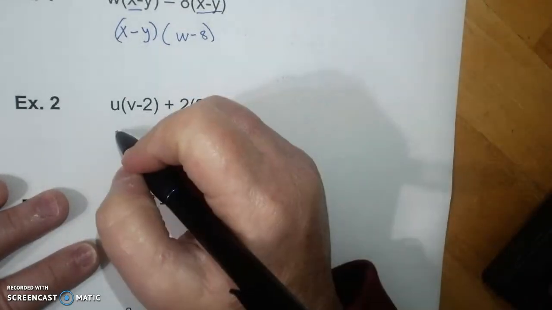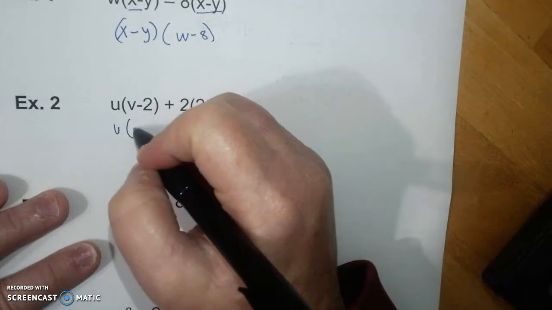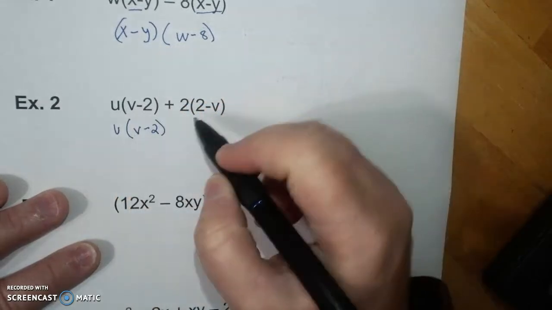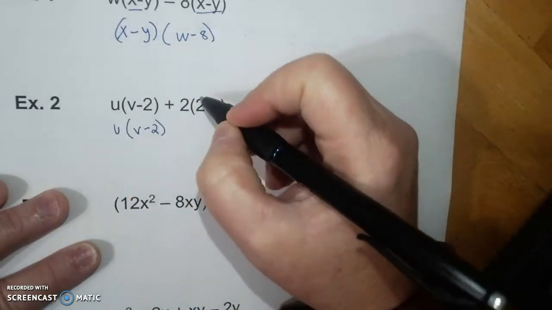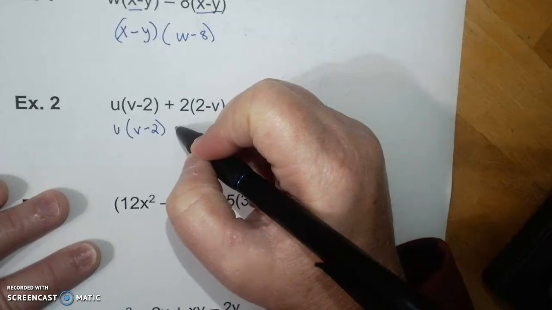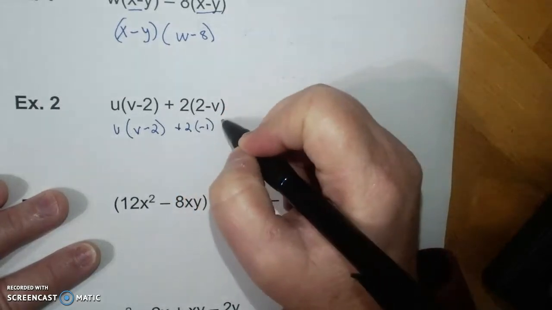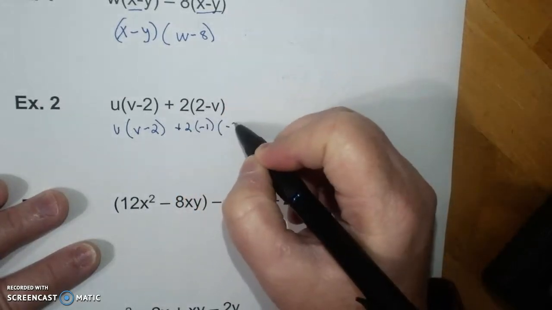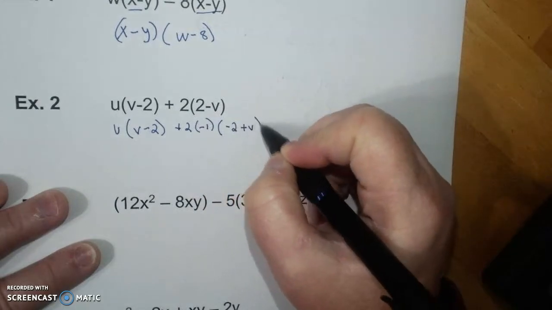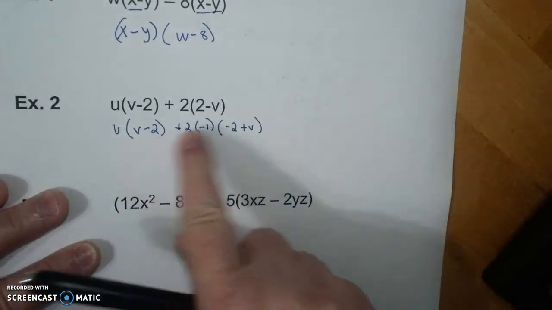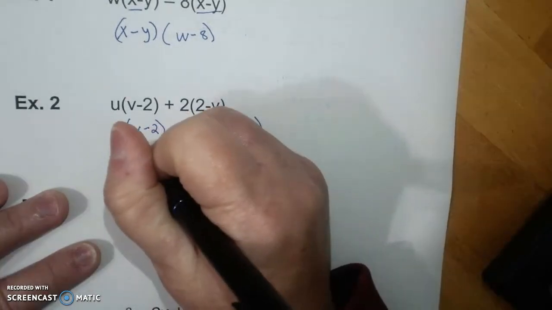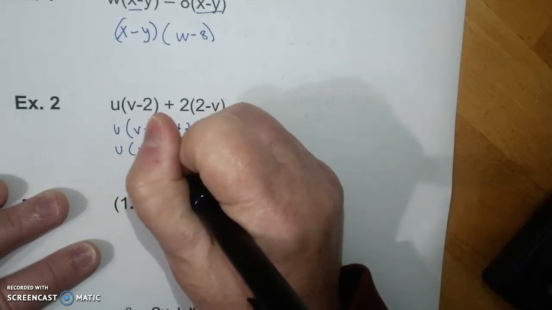Now I'm going to rewrite this, and I'm going to factor out a negative. And so I'm going to put the 2 here, I'll factor out a negative, and then that would be -2 plus v. And because of commutative property, I can use v minus 2.